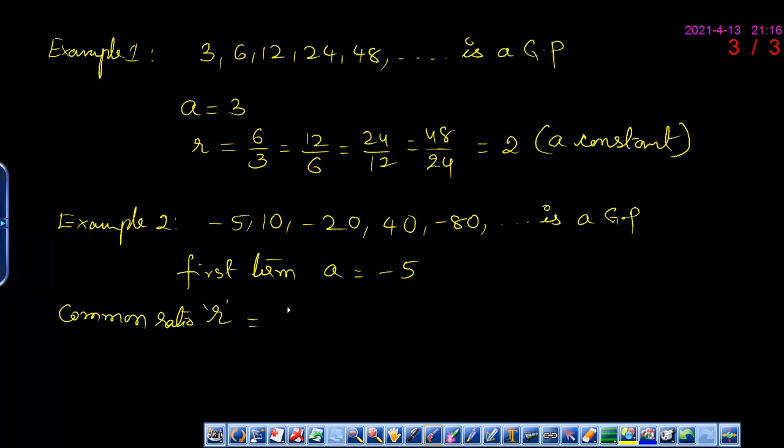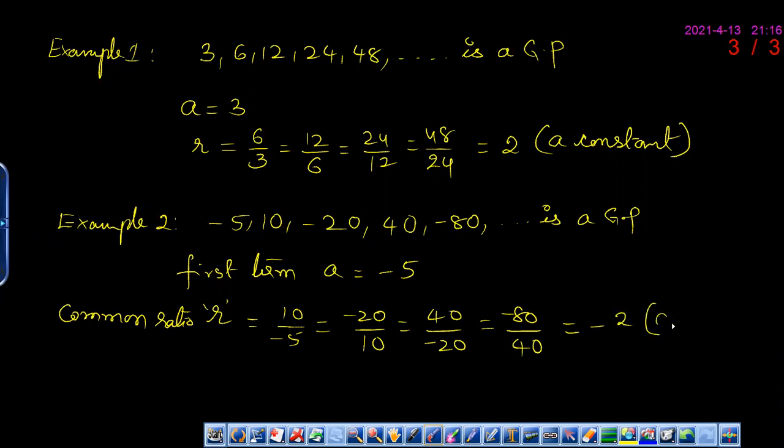R is equal to 10 by minus 5, minus 20 by 10, 40 by minus 20, minus 80 by 40. In all the cases the common ratio is minus 2, which is a constant.